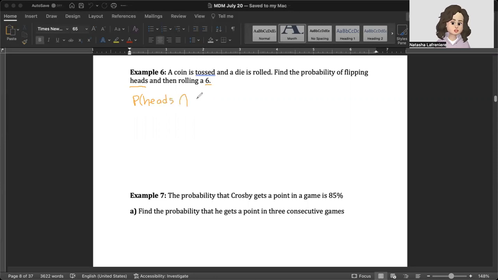So probability of heads times the probability of a 6. The probability of getting heads is 1/2, whereas the probability of getting a 6 is 1/6, which will give us 1/12 as our probability.